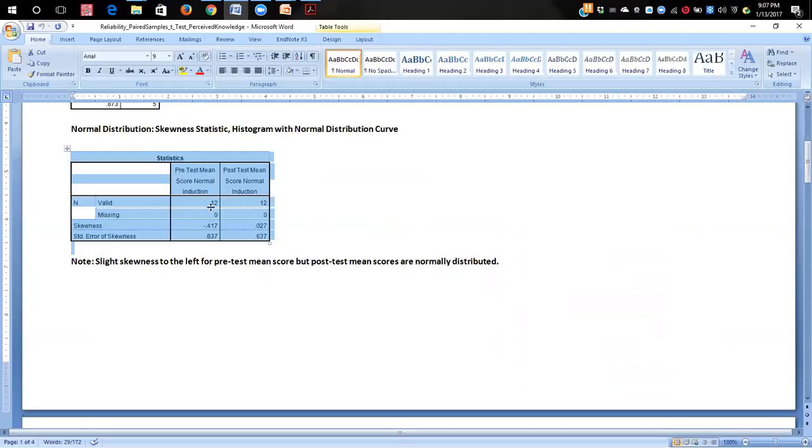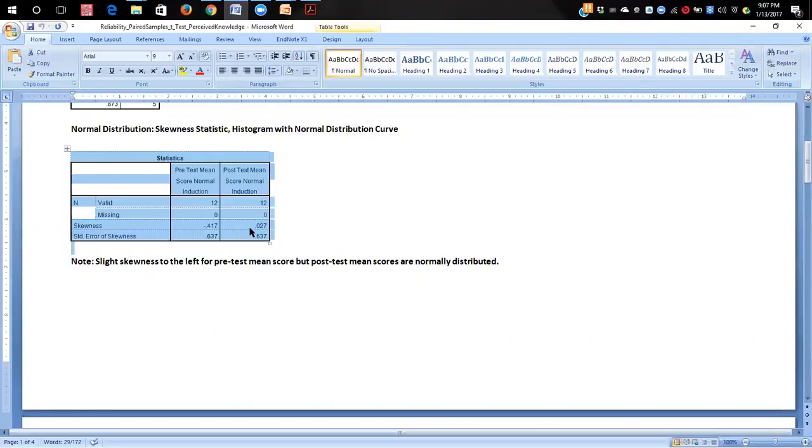In the pre-test score, the skewness is minus 0.417, and in the post-test, the skewness is 0.02. So remember that it's normally distributed because the skewness should be 0.